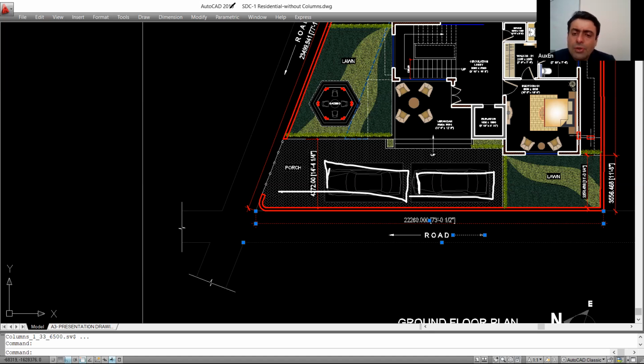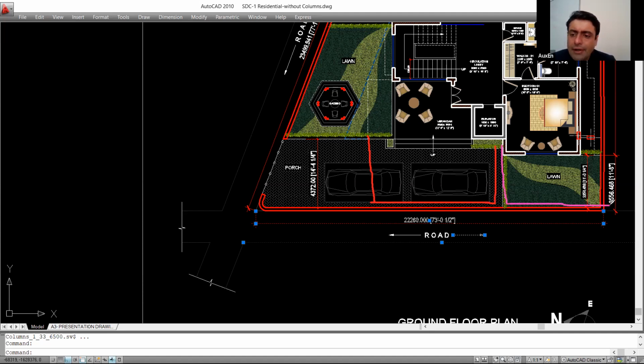Of course, you all know why I cannot construct my structure right till this point. Why cannot I have my building right here? Because of some MOS requirement, or what we call the setback.